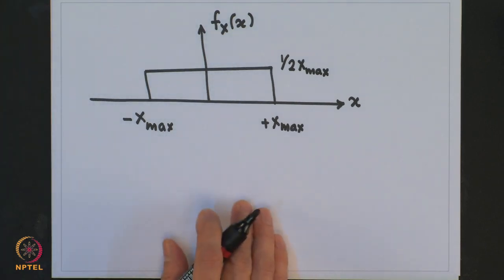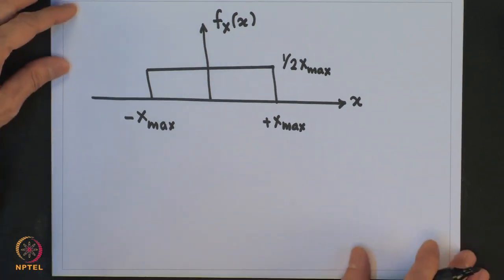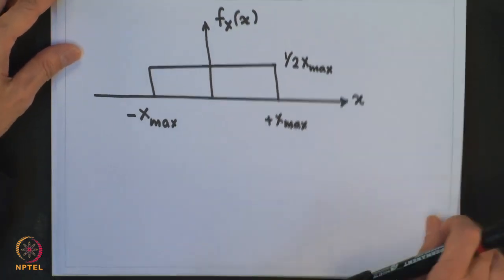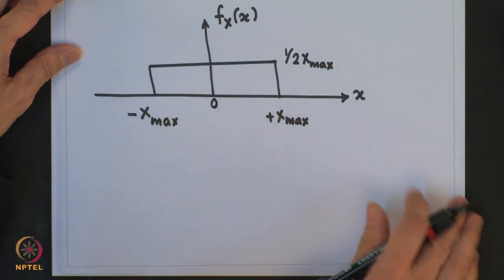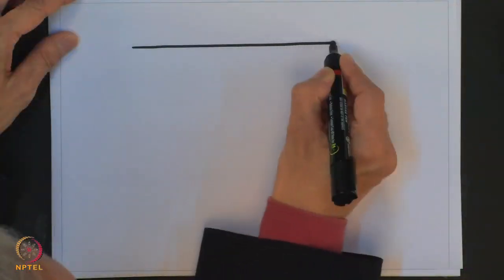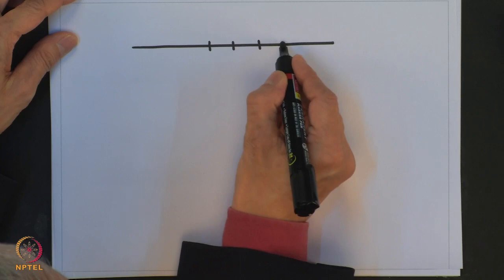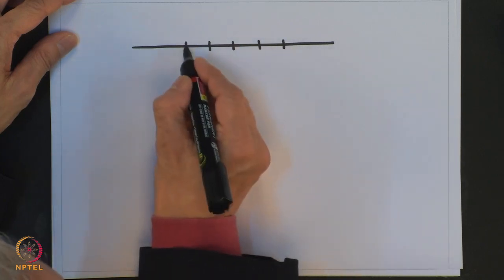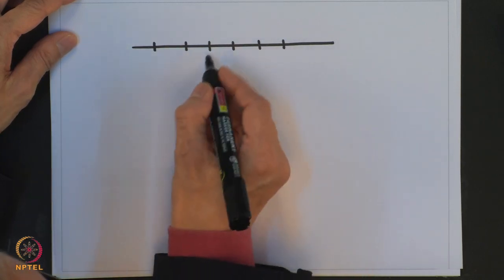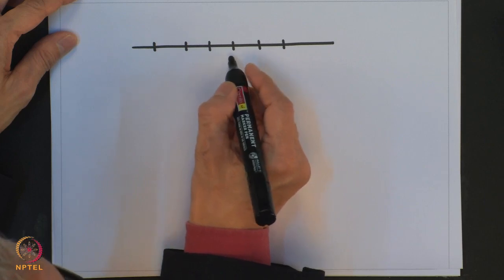So, in this case we can write down the mean square quantization error as follows. This will be the intervals we will have.